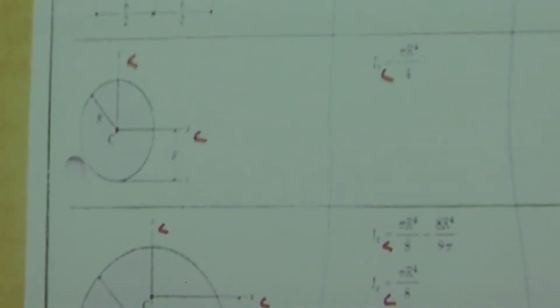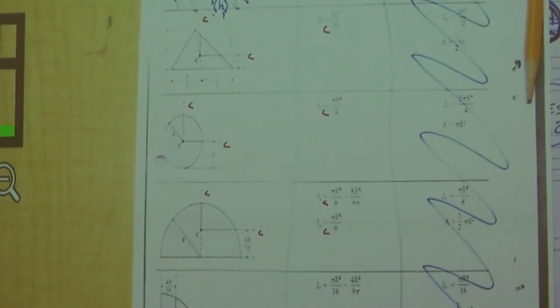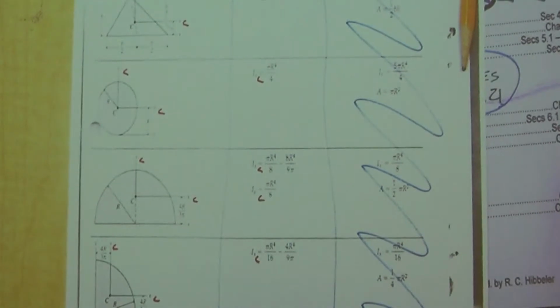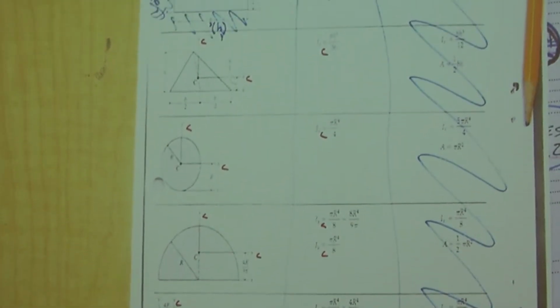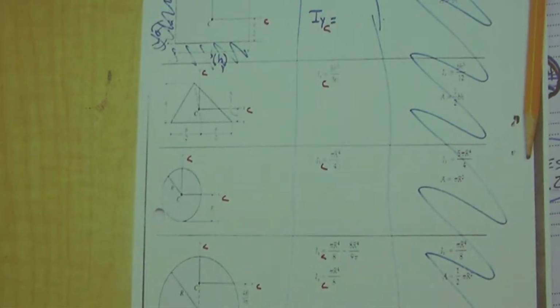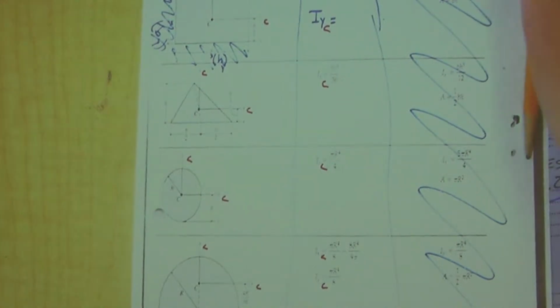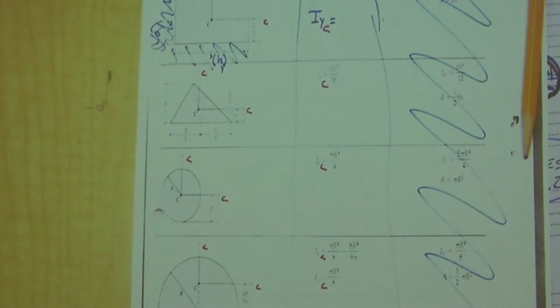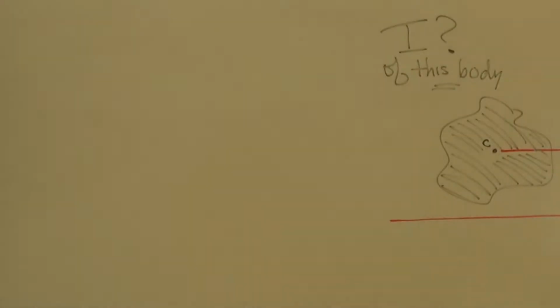So I'm making all the axes that are going through the center sub C. So that means this is going through the center, and then we can leave the prime if we want.